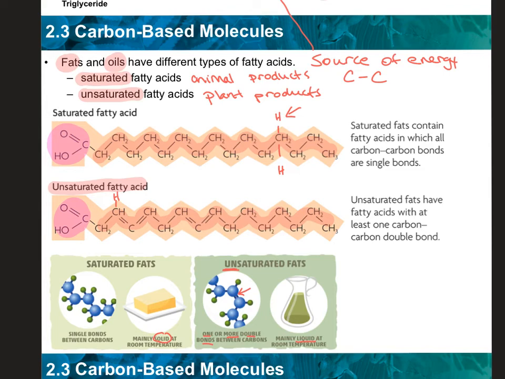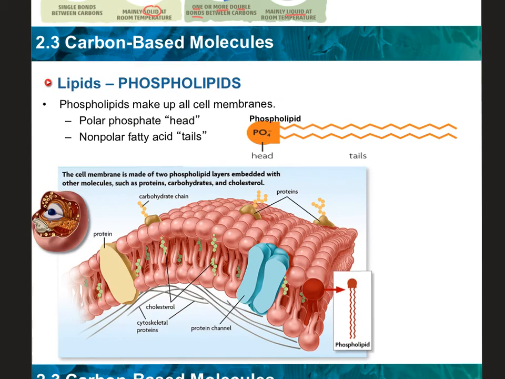Let's take a look at lipids in our cell membrane. So many of you have heard of the idea of a cell membrane before. And cell membranes have a specific composition, something specific that makes them up. And what makes them up is this structure called a phospholipid.